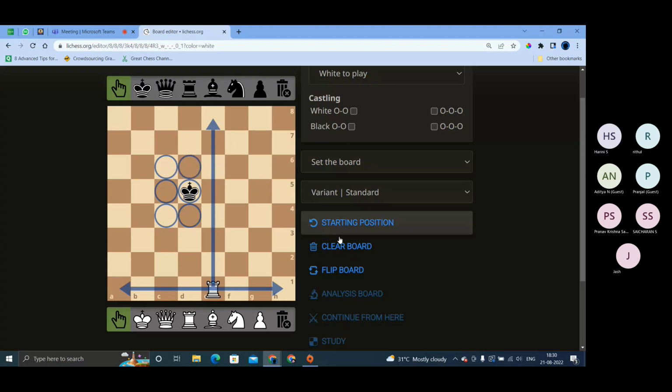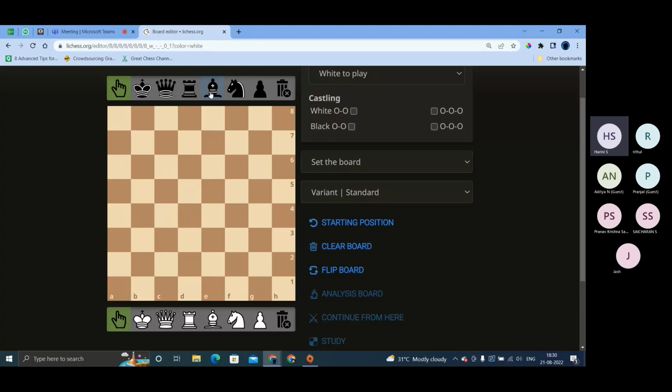I'll show you one more example. This is a bishop and this is the king. Here is the opponent, and it controls here because these are the empty squares, right? So this bishop controls these squares.